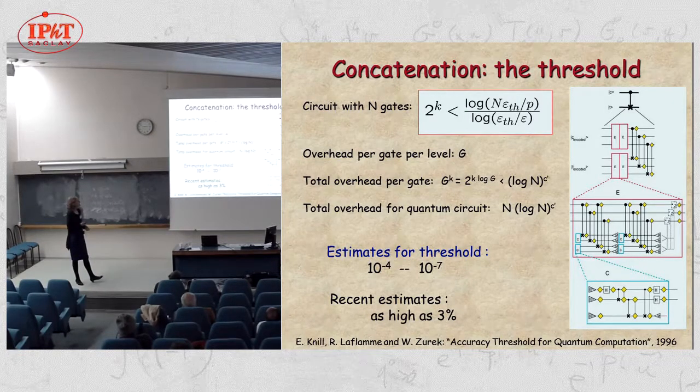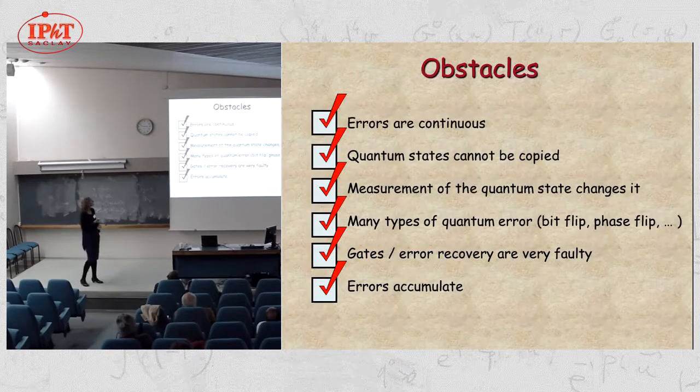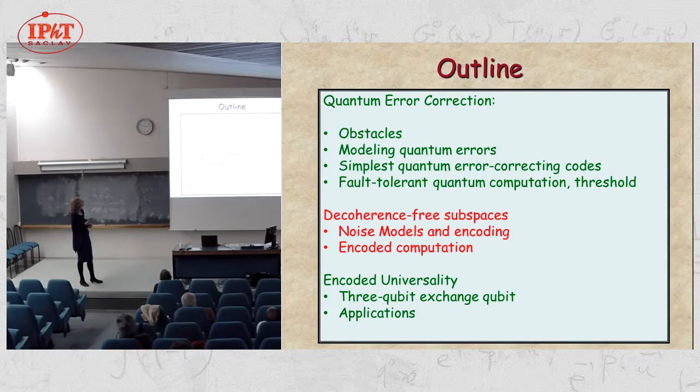More recent estimates are as high as 3%. I heard even 5%, which means it's already in the realm of things that an experimentalist might hope to achieve. And this way, all the obstacles have basically been eliminated, and we have this beautiful theory of error-correcting codes that allows us to deal with a world where noise is independent in attacking each qubit.